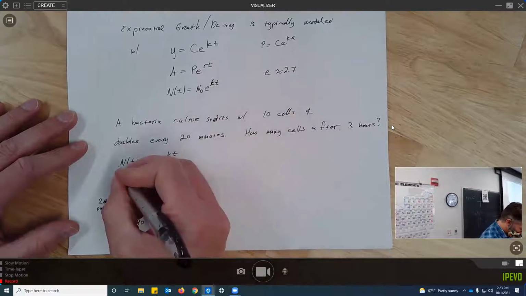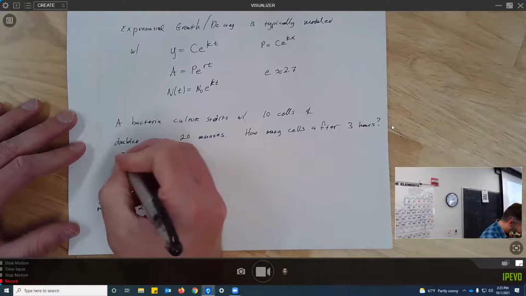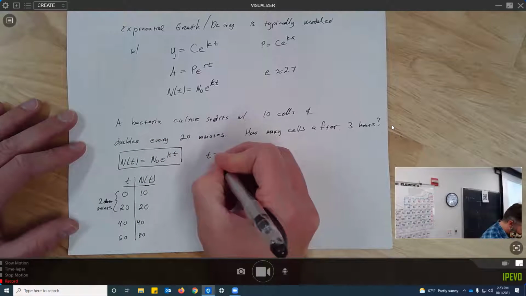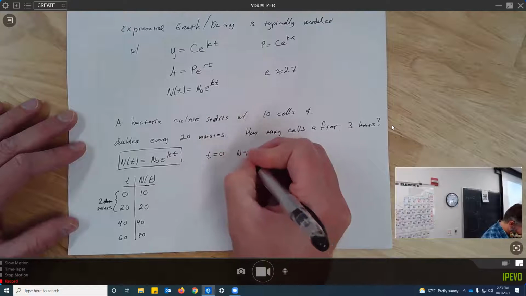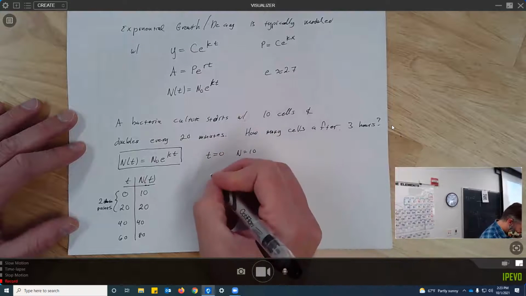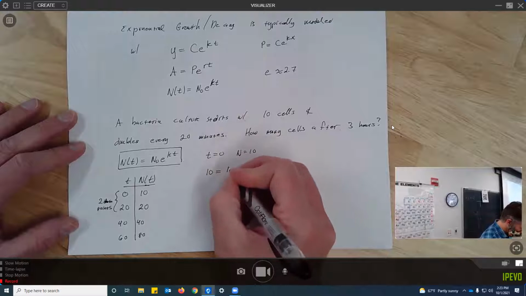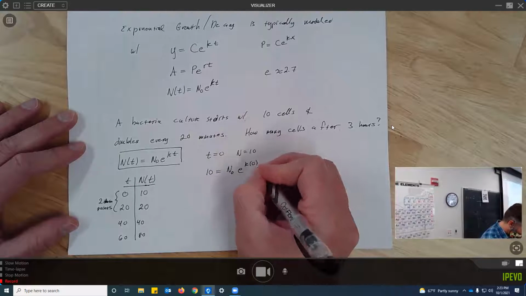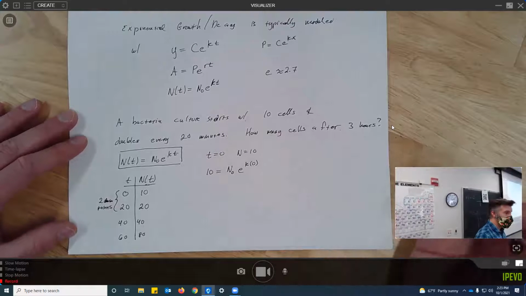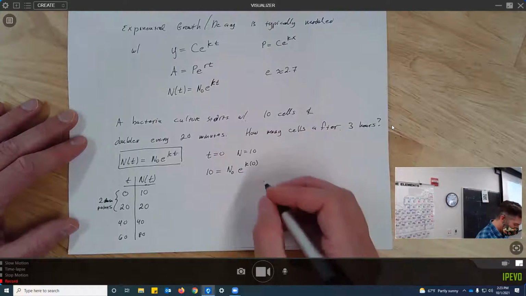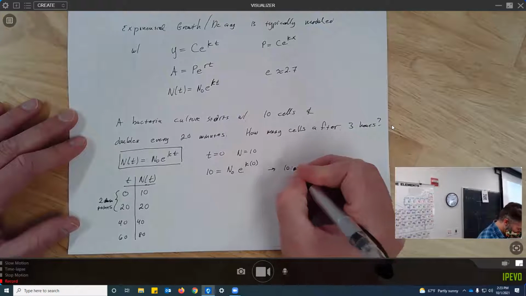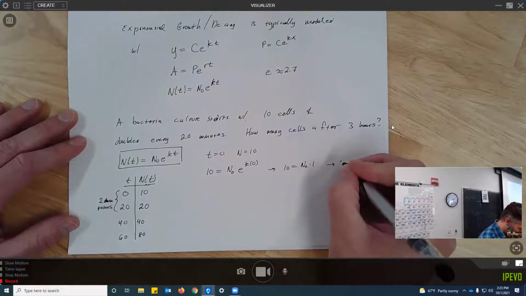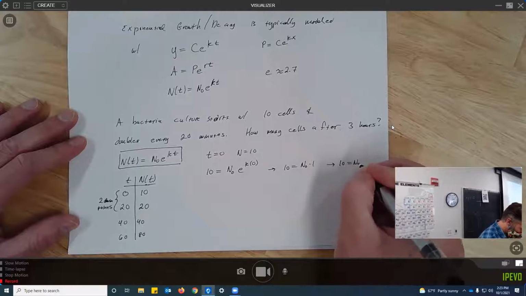So I could do the work: I plug in t equals 0 and N equal to 10 and get 10 on the left equals N naught times e to the k times 0. But k times 0 is 0 and e to the 0 is 1. So really, you're getting 10 equal to N naught times 1, so N naught is equal to 10.